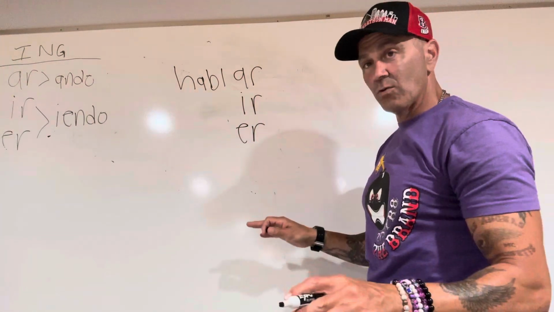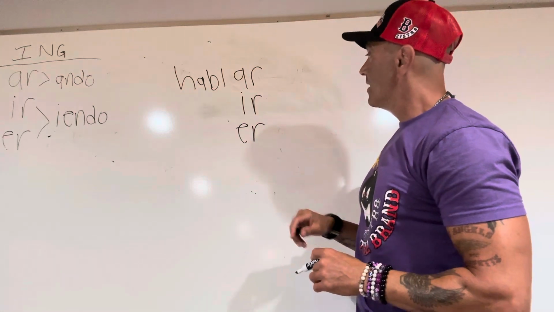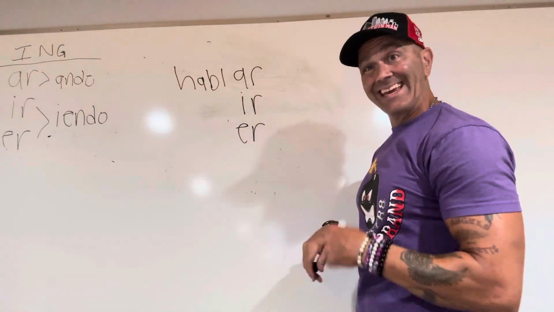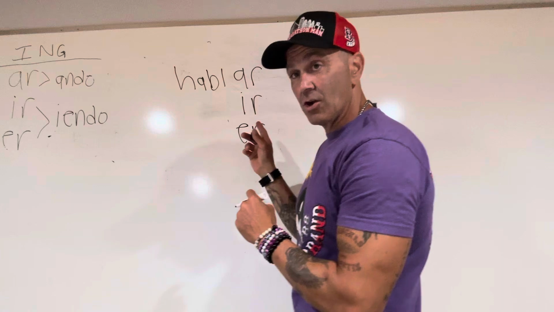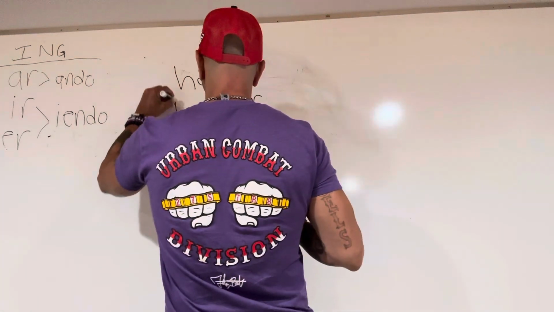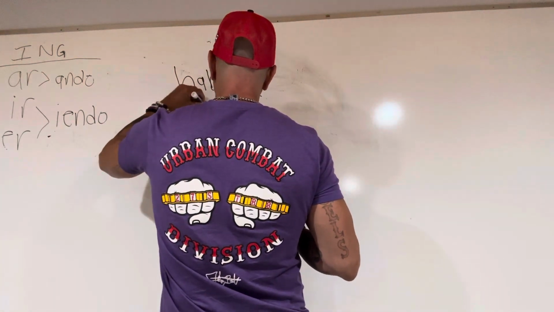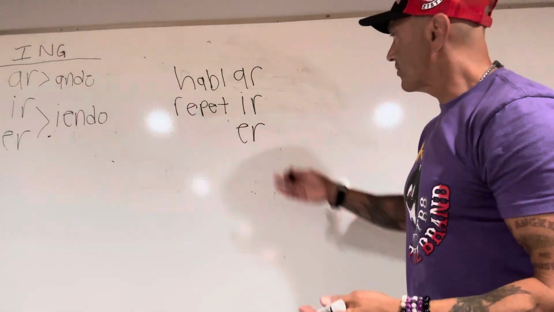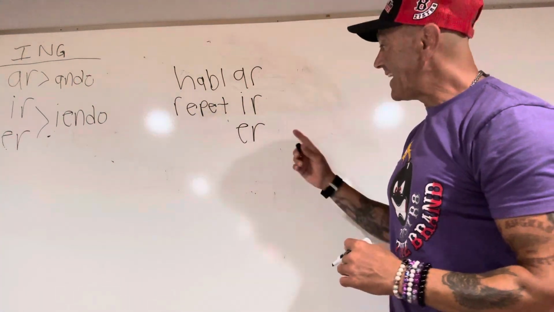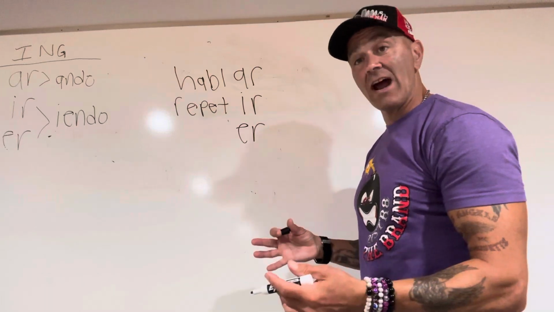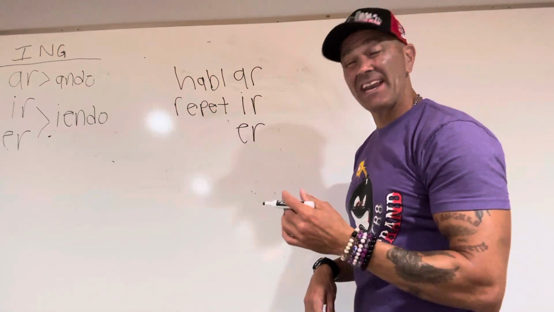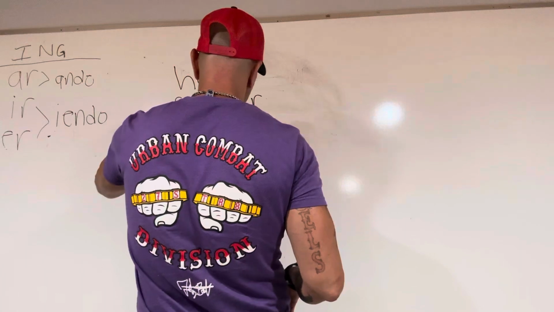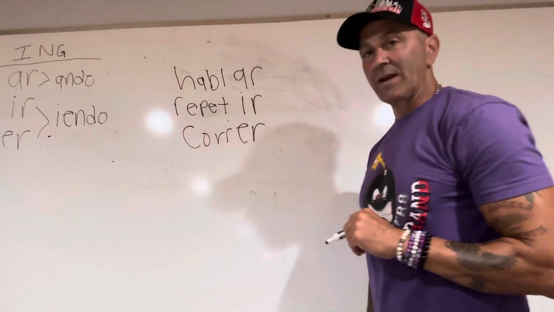There's only one of three ways. Okay? Ir, ir. That's actually to go in Spanish too. But we're going to use repetir, to repeat. In ER, we're going to say to run, is correr. Okay? That's to run in Spanish.